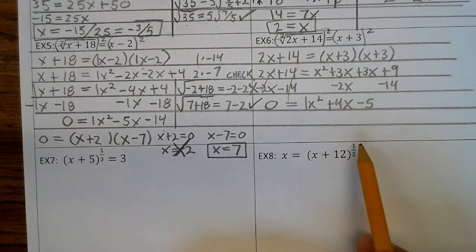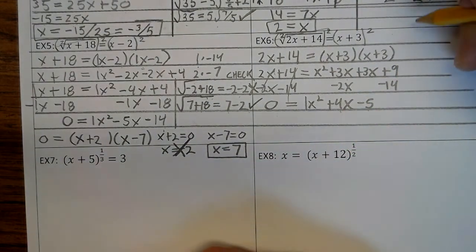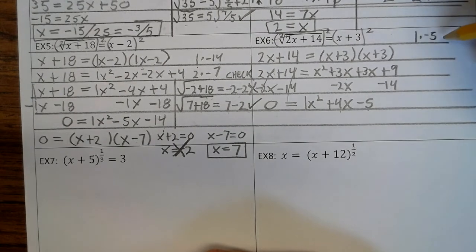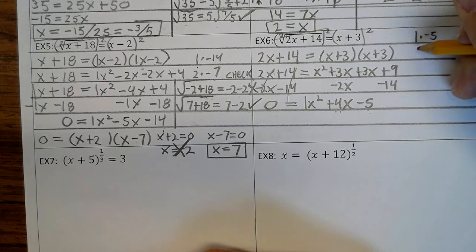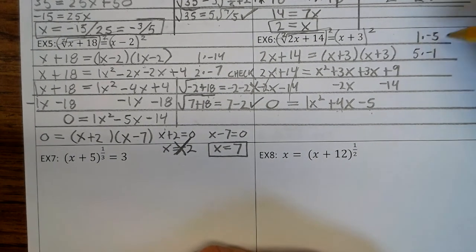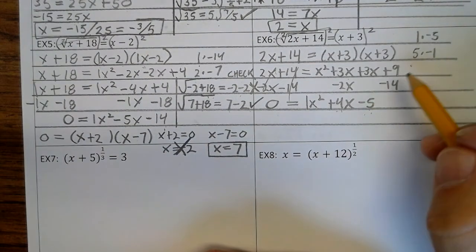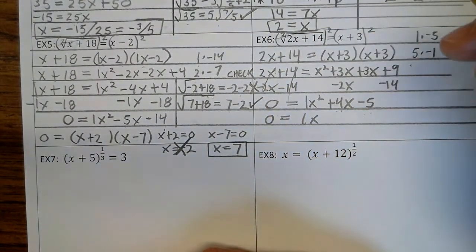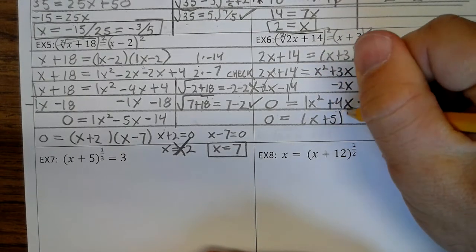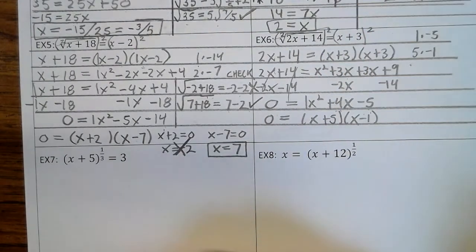So we need to find all the factors that give you negative 5 and 4. So 1 times negative 5 multiplies to give you negative 5, but adds to be negative 4. 2 doesn't work, 3 doesn't work, 4 doesn't work. 5 times negative 1 gives you negative 5. 5 minus 1 is 4.